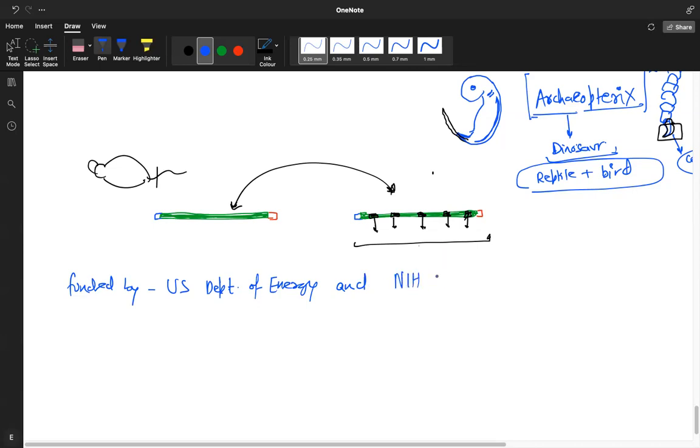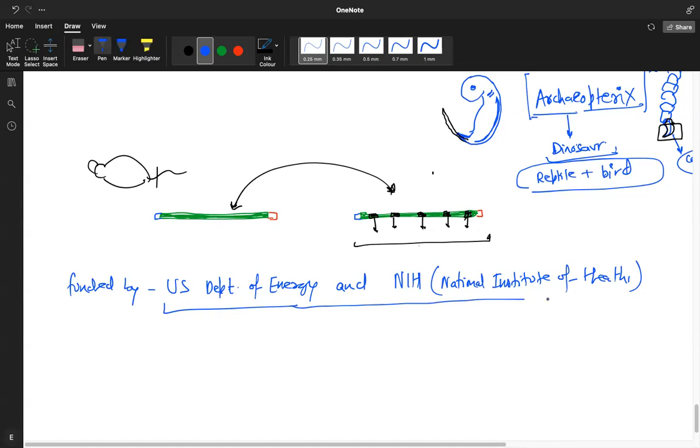Sometimes it comes as NIH. The full form is National Institute of Health. Apart from these two, which were the primary funding agencies, there were many countries like United Kingdom, Japan, France, Germany, and China.